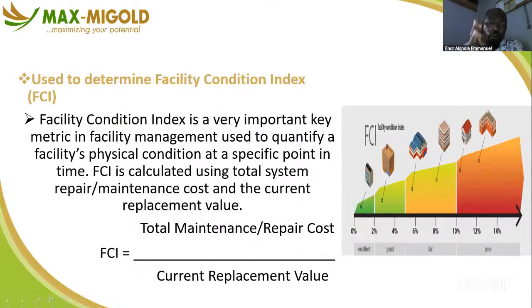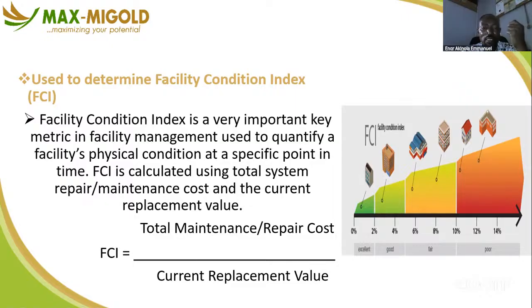Then, when you do your condition assessment, you can use that to generate your condition index. Facility condition index is a very important key metric in facility management used to quantify a facility's physical condition at a specific point in time.